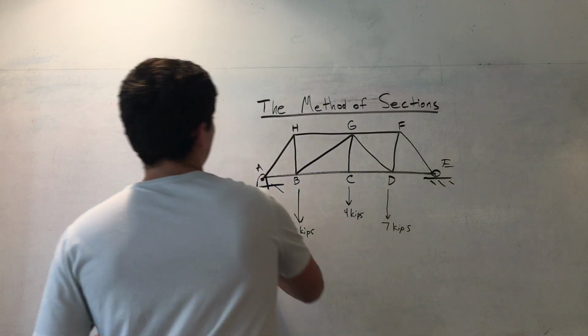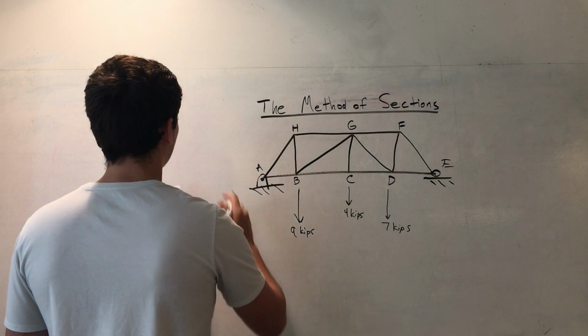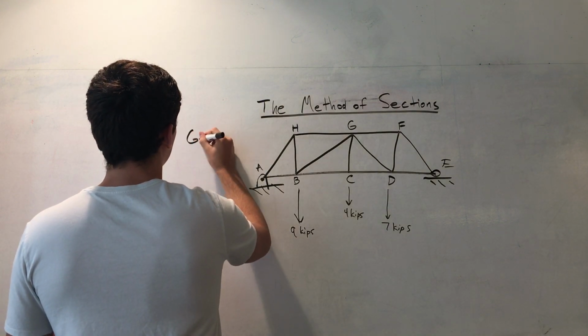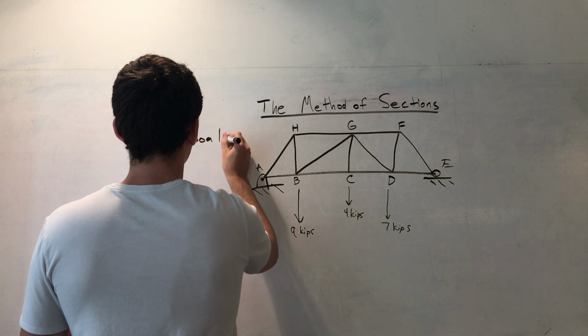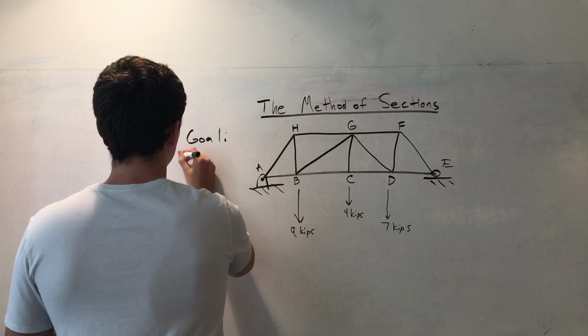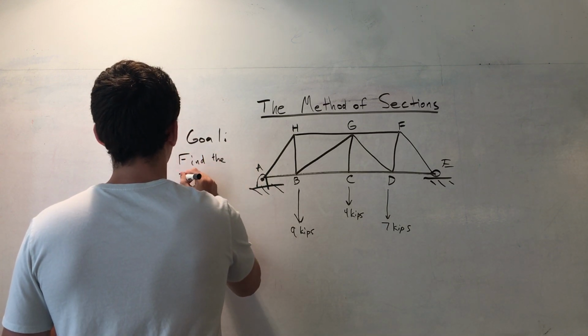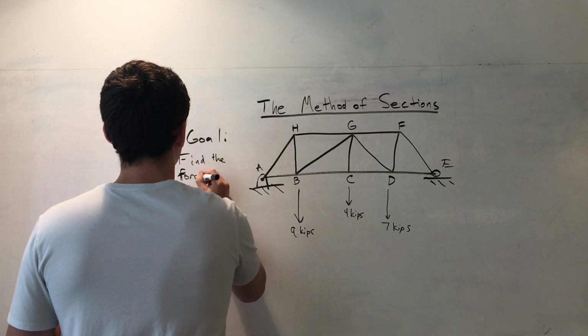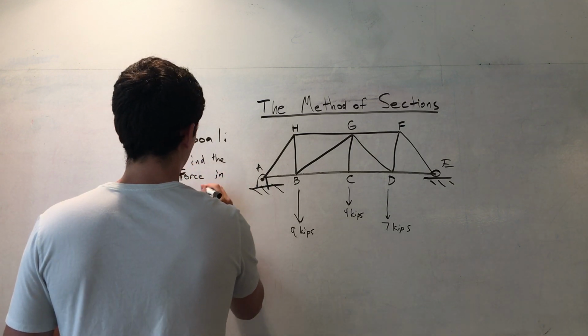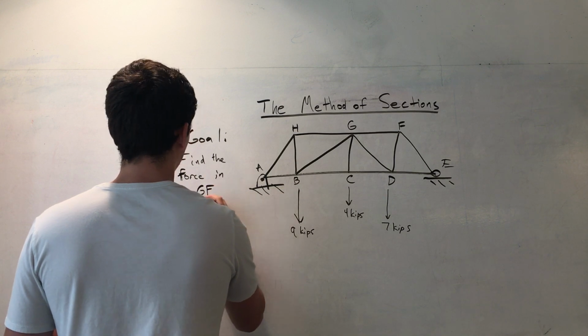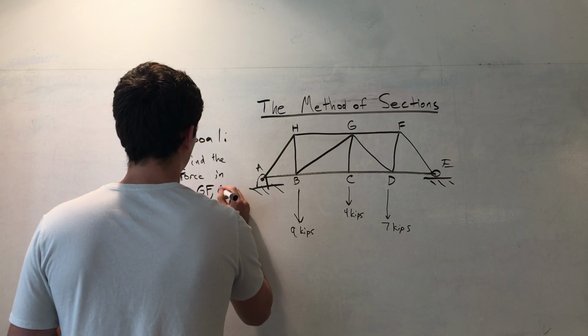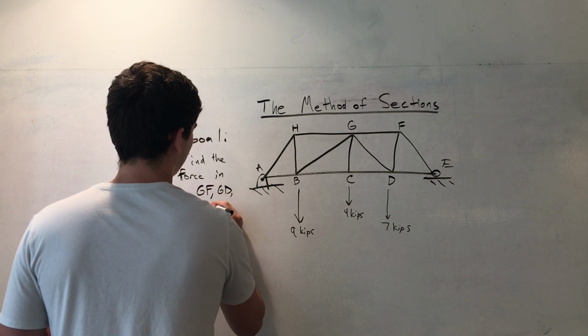Okay, so this is a truss problem, and the goal is to find the force in the member GF, GD, and CD.